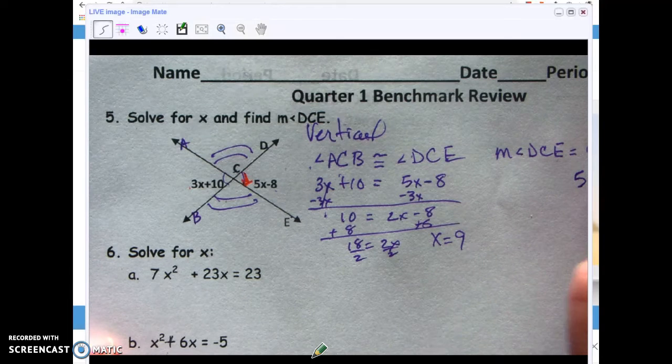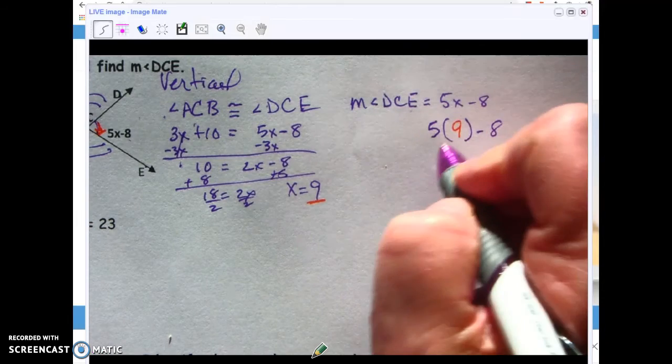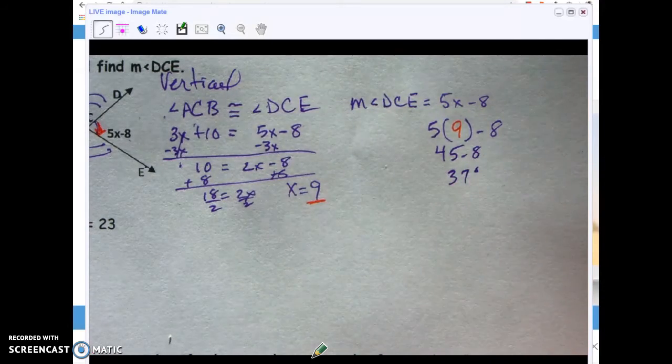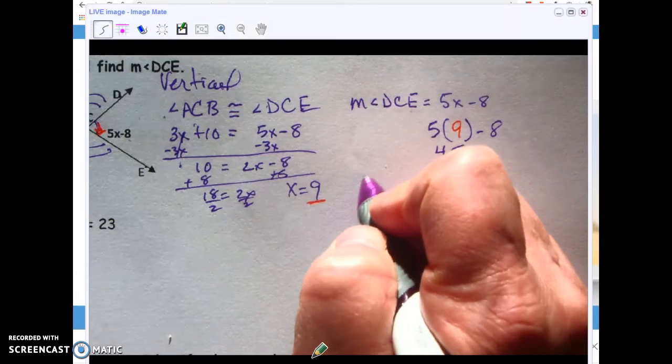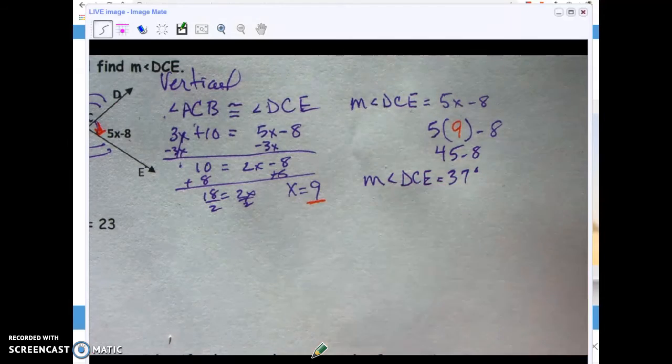So 5, put the 9 there, multiply it, 45 minus 8, 37 degrees. So now the measure of angle DCE equals 37 degrees, and that's my answer.